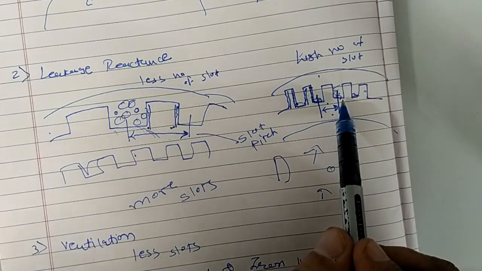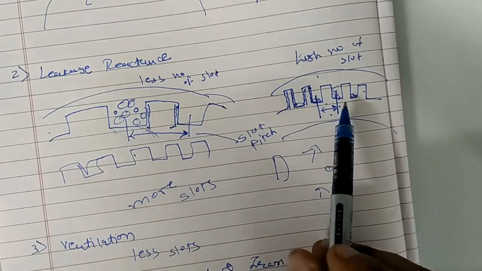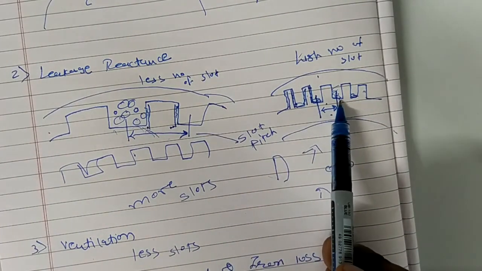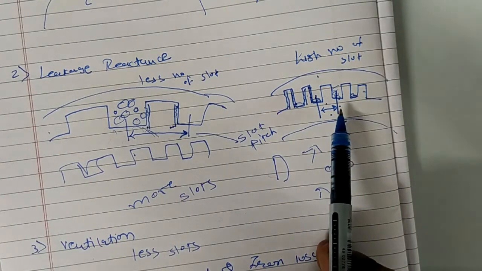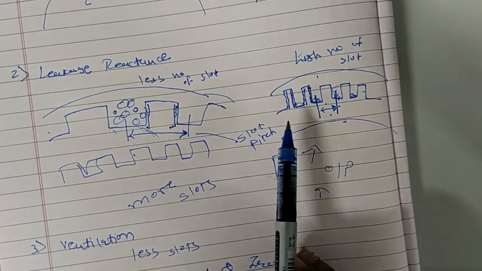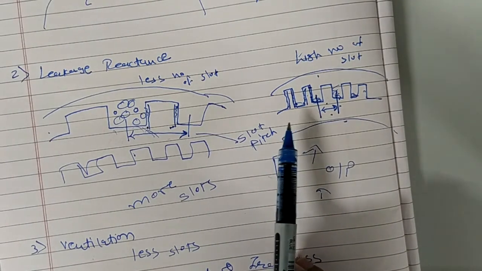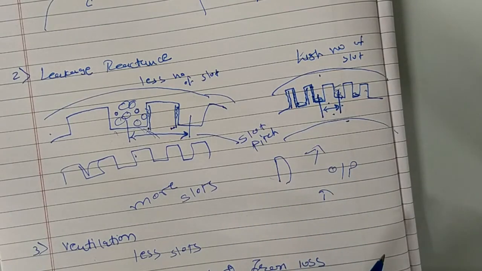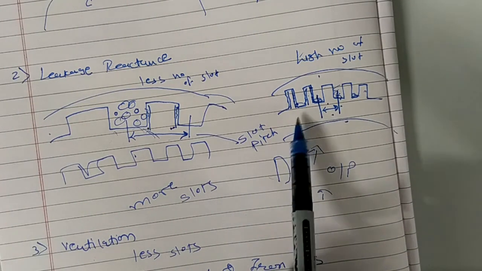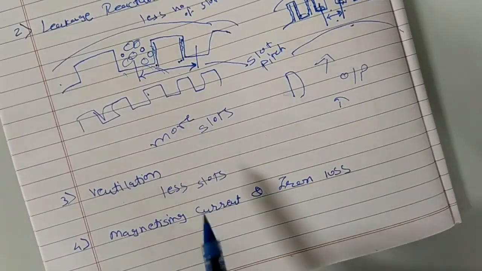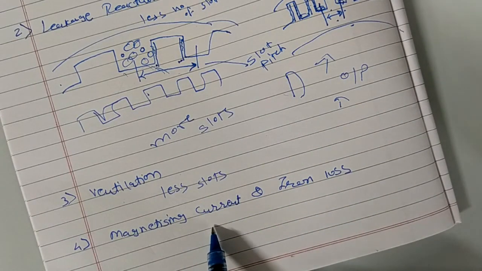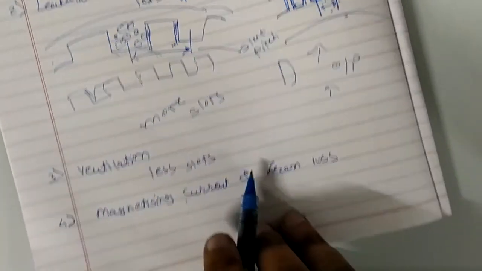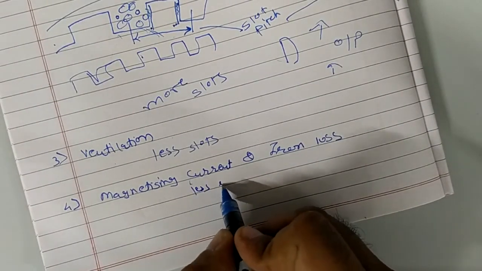If flux density becomes high, the mmf required is going to be high, and that makes a higher magnetizing current. And if the magnetizing current is high, the mmf is high, flux density is high, and because of that iron losses are also high. So this is again a problem with a higher number of slots: the magnetizing current and iron loss both are going to be high. So this point says that a smaller number of slots should be preferred.